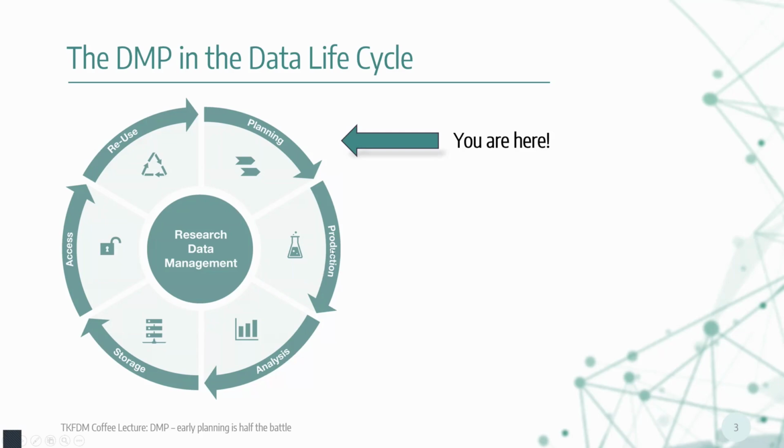Then you would have collection of data, analysis. You would store your data, make them accessible somehow, and then hopefully people will be able to reuse it. And where the data management plan comes into play within this cycle is in the planning stage. It's quite self-explanatory since it's called a data management plan. So you can already get an idea that data management planning is something that's supposed to happen fairly at the beginning of a new research project.